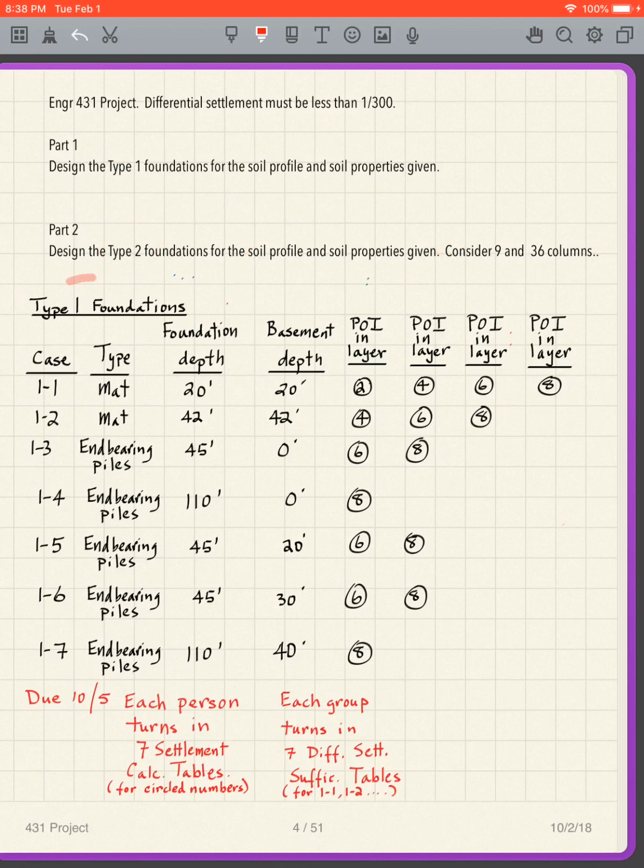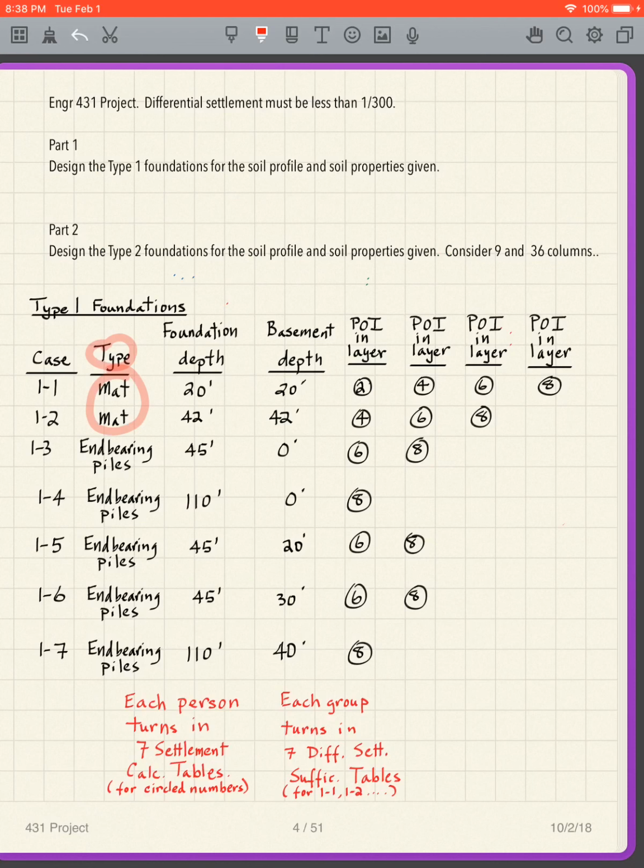The cases for the type 1 foundations, we're going to have 7 different cases for the type 1 foundations, and these are the details here. So we have the different cases. We have the type, which is a mat with no piles underneath it.